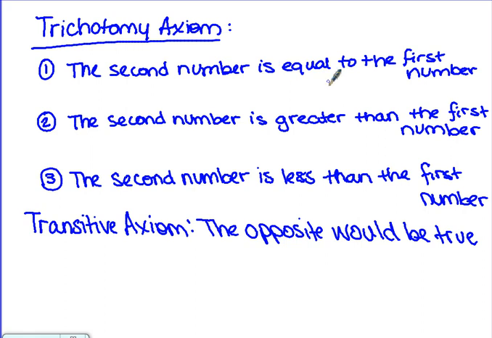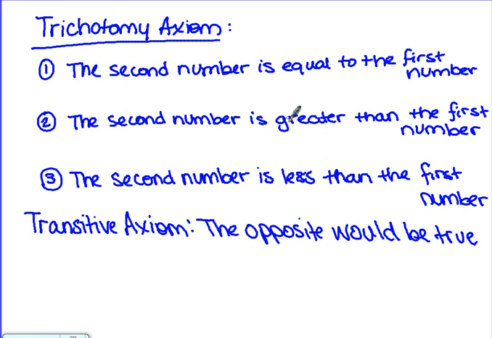If the second number is not equal to the first number, one of the other two has to be true: the number will be greater than or the number will be less than. The opposite, or the transitive, of the second rule, the second number is greater than, would be if we change that to the second number is not greater than the first number. Think about it: if a number is not greater than another number, it's either less than or equal to. So the transitive axiom would then take place: a number is less than or equal to another number.